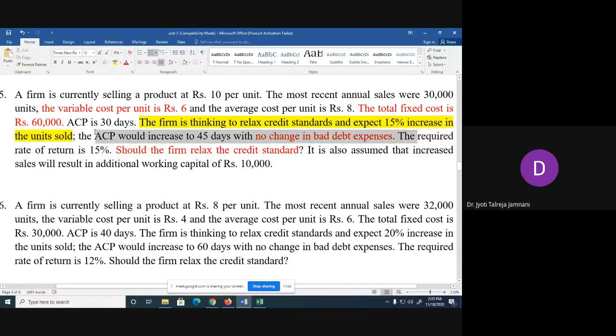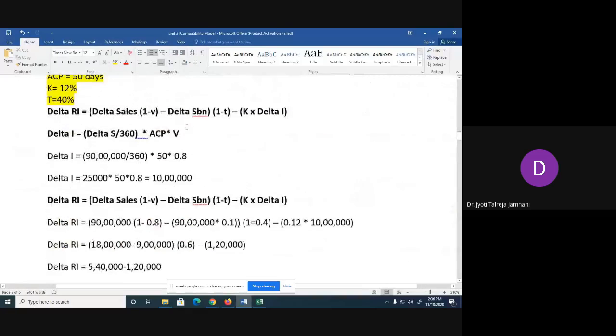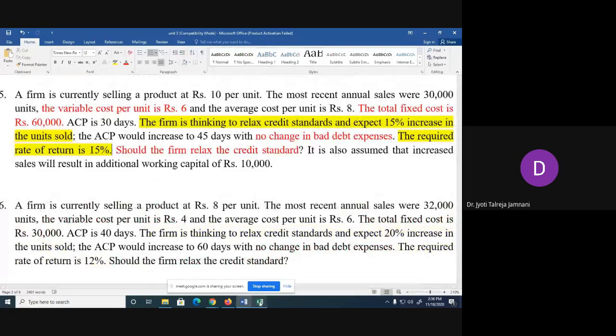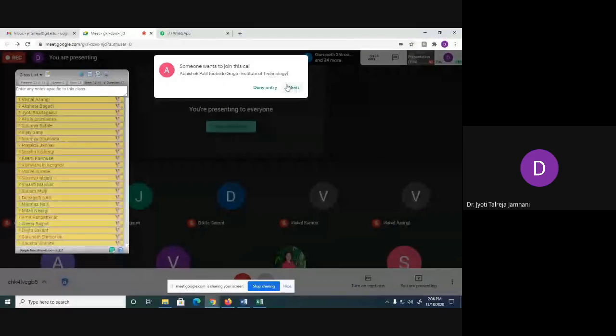On additional investment. And how much the additional investment is, is not given, so we need to find it. So how to find the additional investment? With the formula method, this was the formula: delta S divided by 360 into average collection period into V. But here we are doing the tabular way, so there is a little change in the formula. I will show you that new formula.